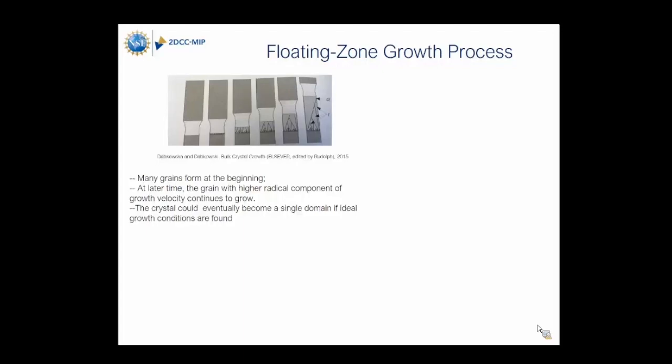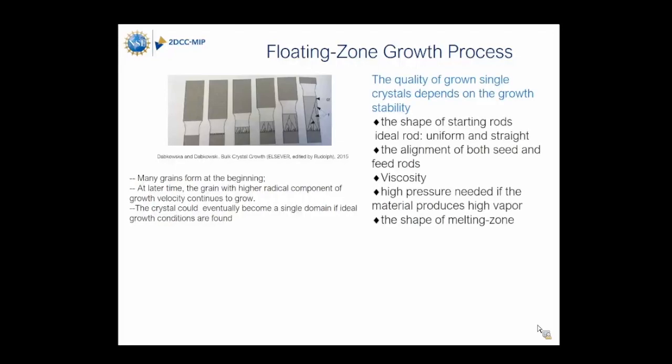But we don't want to get a crystal with many domains, so you have to adjust the growth conditions. Many parameters could be adjusted. When it's ideal, one domain will dominate, right? The growth speed of that domain should be higher than any other domains. So eventually, it will continue, and you will get a larger single crystal.